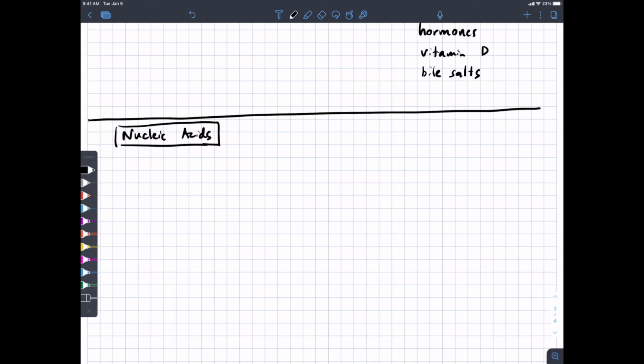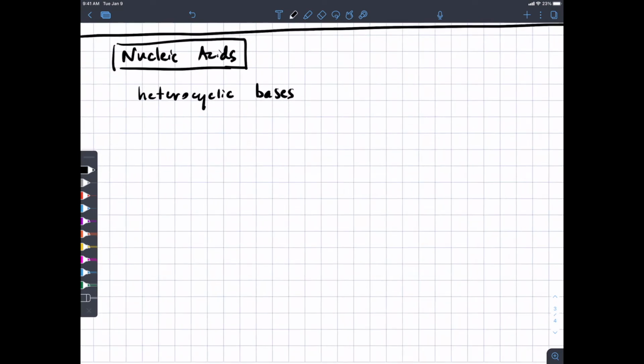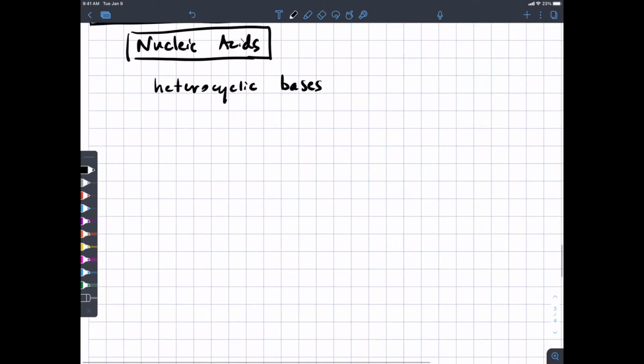So there are 2 kinds of what your text calls heterocyclic bases. They're called heterocycles because they have heteroatoms in the rings. They're called bases because, as you will see, they have lots of nitrogens that have lone pairs in sp2 hybridized orbitals that you would expect to be basic. There are 2 classes of heterocyclic bases.